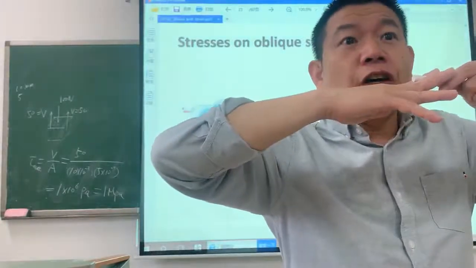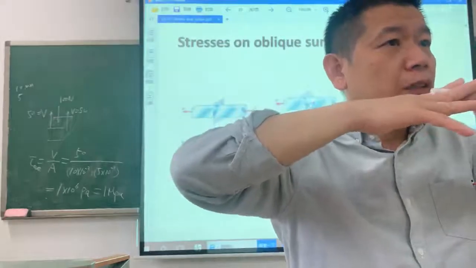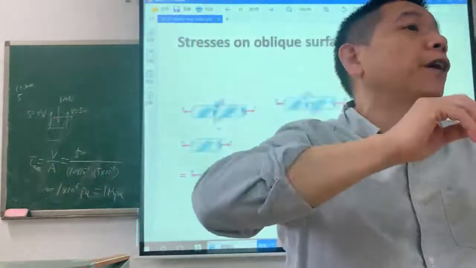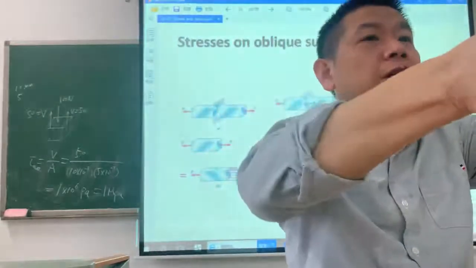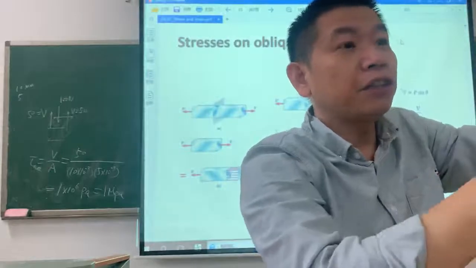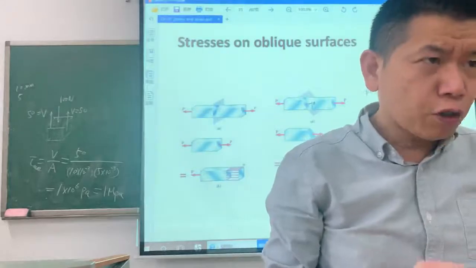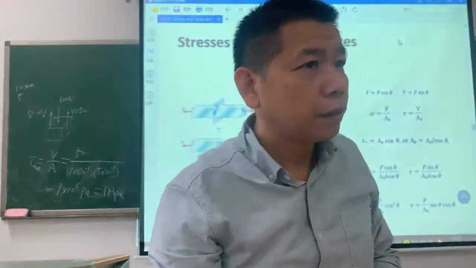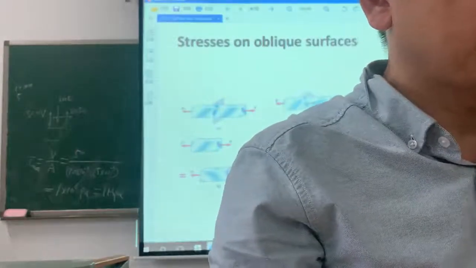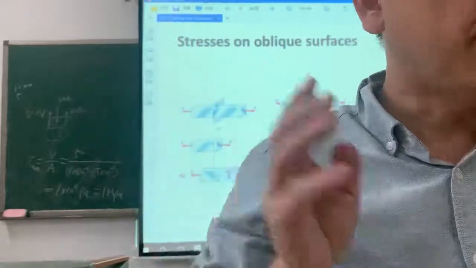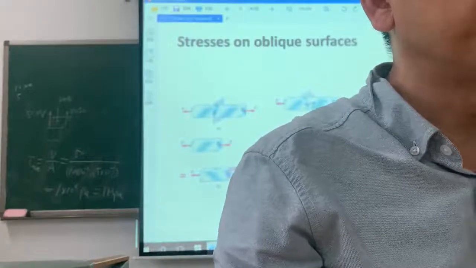Therefore, the angle between the cut and the cross section must be 45 degrees. When you torque it, it is an oblique cut. For chalk, when the normal stress comes to the maximum value, it will break.